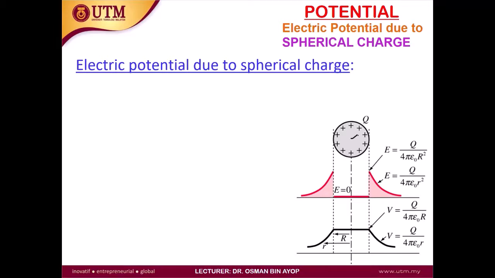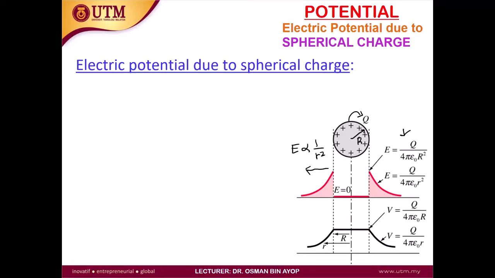The sphere has radius r and it has a surface charge on the surface of the sphere, and the total charge is equal to Q. By using Gauss' law, we can derive that the electric field on the surface of the sphere is equal to Q divided by 4πε₀r². When moving away from the surface of the sphere, we can see that the magnitude of E drops by a factor of 1/r².